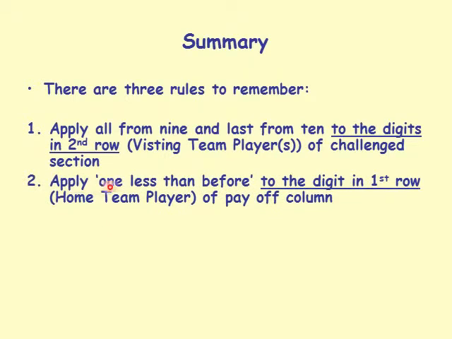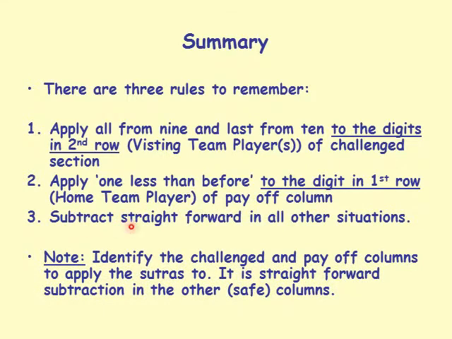And apply 1 less than before to the digit in the first row, which is our home team player, of the payoff column. In the rest, it's straightforward subtraction. And note, identify the challenged and payoff columns to apply sutras to, and do straightforward subtraction in the other safe columns.